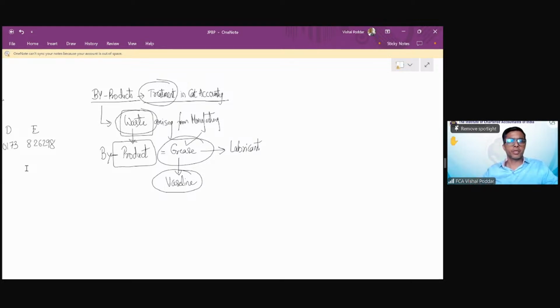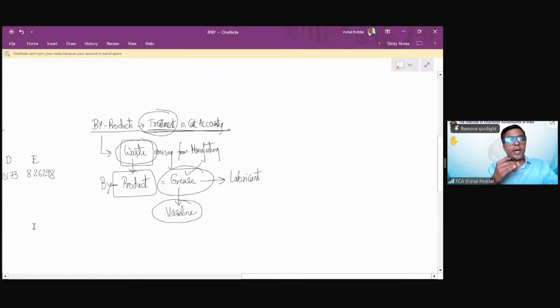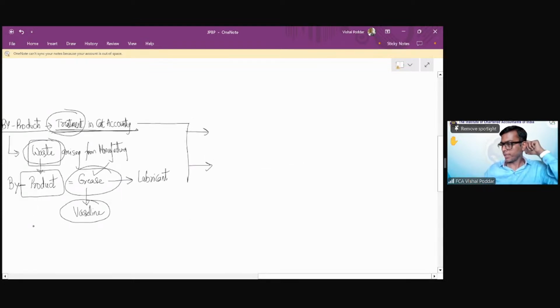But the main question is, what is the treatment in costing? Now, when I'm saying treatment in costing, what they mean is, where do I show this byproduct? The cost of the byproduct, the revenue of the byproduct. So for this, there are two approaches suggested. What are the two approaches? In order to decide the treatment, they say check whether the sale value that you are getting of this byproduct is nominal or whether the sale value of this byproduct is significant.